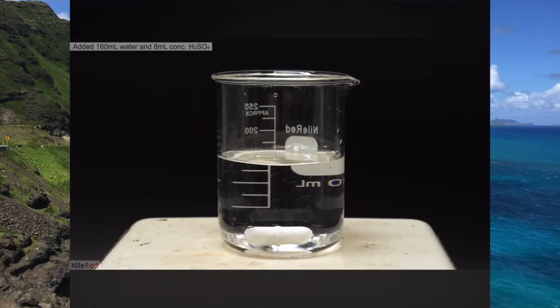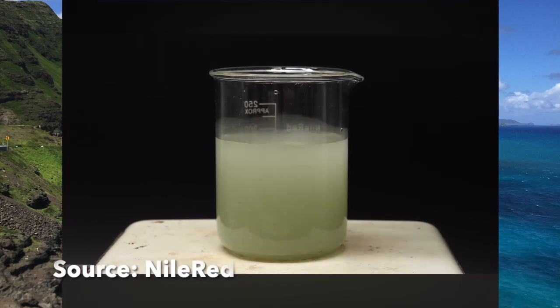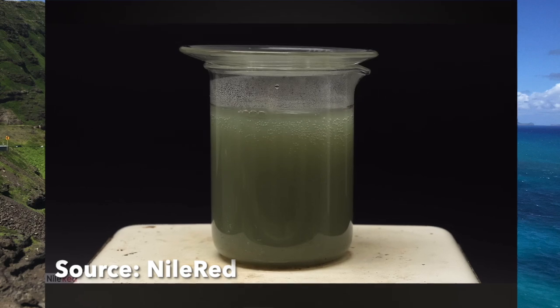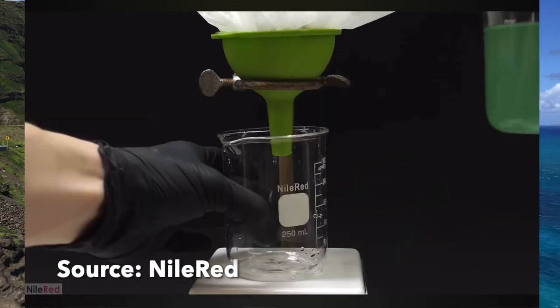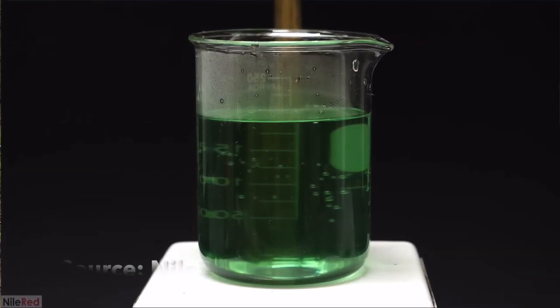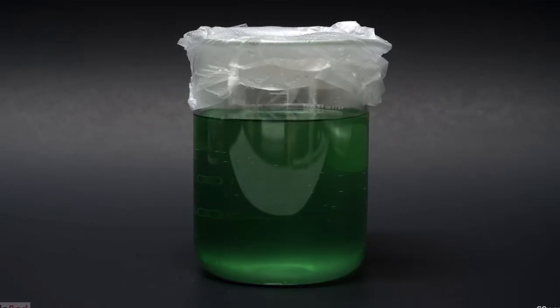In Niall Red's video, he has to first purify the ferrous sulfate salt by performing a recrystallization and then combine the freshly purified ferrous salt with 1,10-phenanthroline, which isn't exactly easy to dissolve in water.